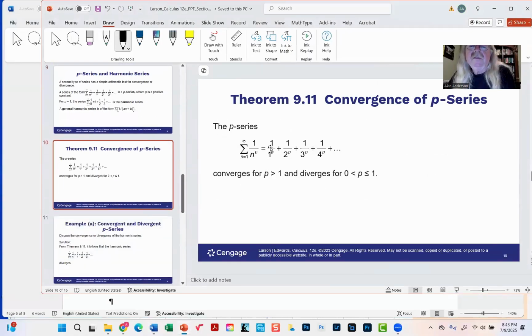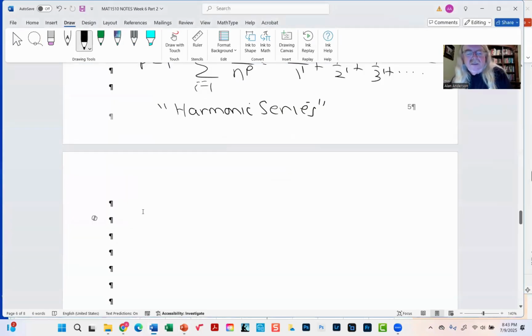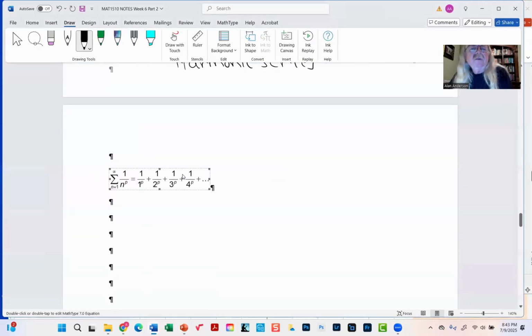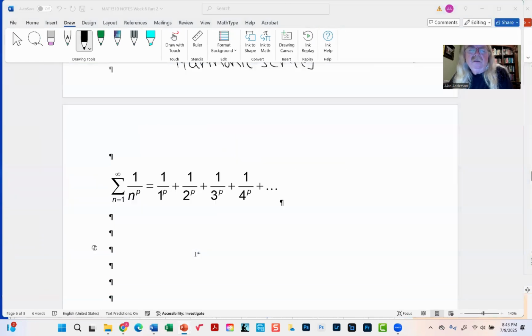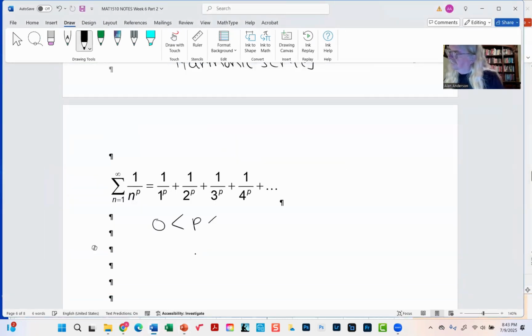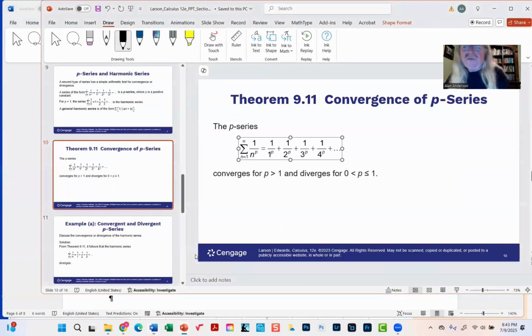And furthermore, for this p-series, we can tell whether it converges or diverges by the value of p. If p is between 0 and 1, then we say that it diverges.